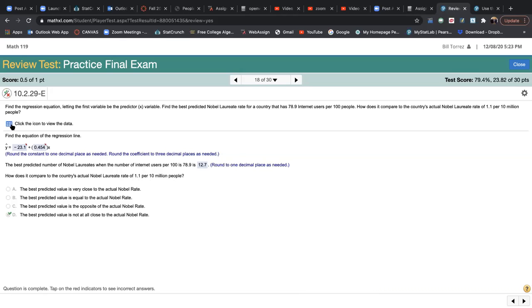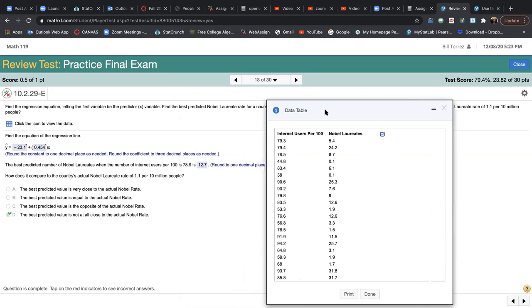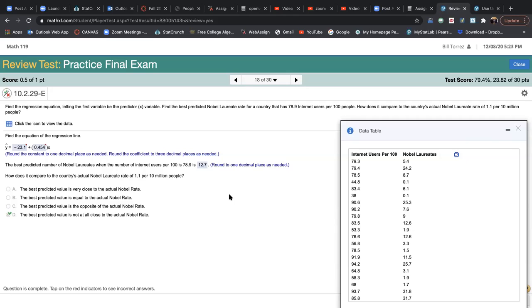And again, when we look at the data here, 78.9 gives us 12.7, right? And so you see that there's a big discrepancy between the 12.7 and the actual rate of 1.1. Here it is, 78.9 per 100.